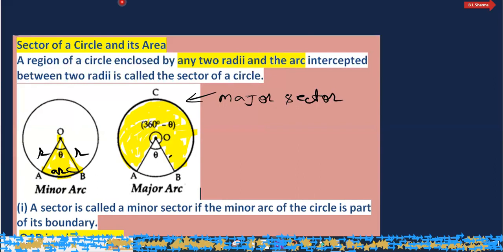Major sector means the radii and the major arc enclose it. See this yellow portion here; in this case it is the major sector. Why is it major? Because this arc ACB is a major arc. Why is it a minor sector? Because this AB is a minor arc. That is why a sector can be a minor sector or major sector according to whether it is enclosed by the minor arc or major arc.